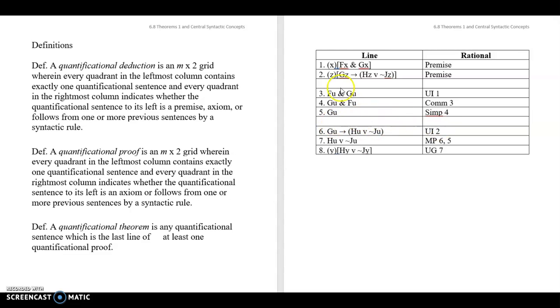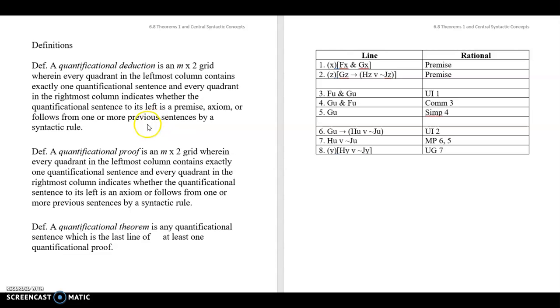I've put some spaces in here just for readability. And every quadrant in the rightmost column indicates whether the sentence to its left is a premise, an axiom, or follows from one or more previous sentences by syntactic rule. We don't have any axioms in this case, but this indicates that this sentence is a premise. This indicates that this sentence is a premise. This is just an example of what a quantificational deduction is by definition.